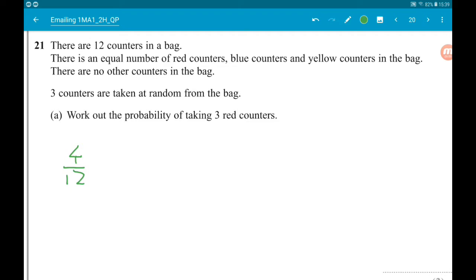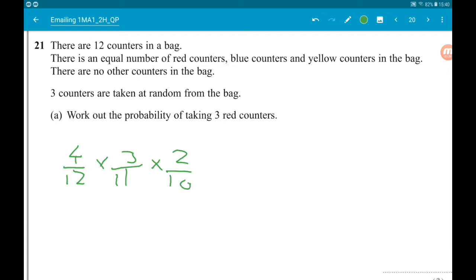If we've already picked 1 red counter, there's 1 less red and 1 less counter overall. So we multiply by 3/11. And then, again, if we've picked another red, there's now only 2, and there's now only 10 counters altogether.